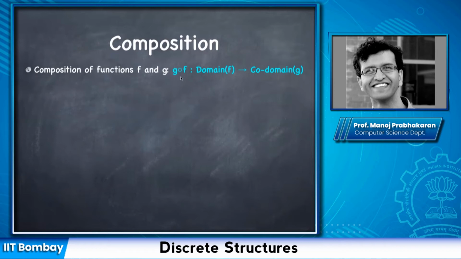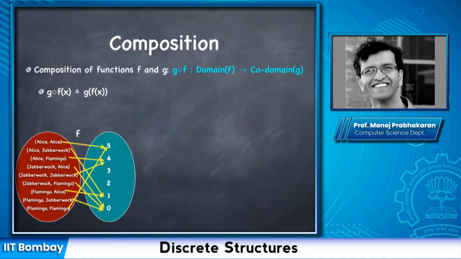It's a function that simply takes an input x, applies f to it first, and then whatever output f gives, you apply g to it, right? So it's g of f of x. It maps elements in the domain of f to the elements that g outputs, so these are elements in the codomain of g.